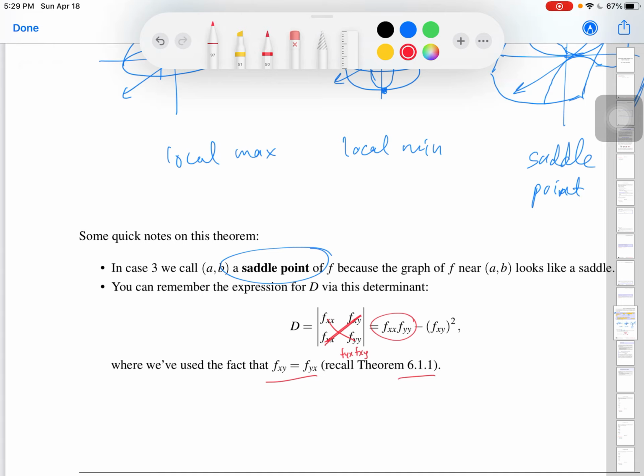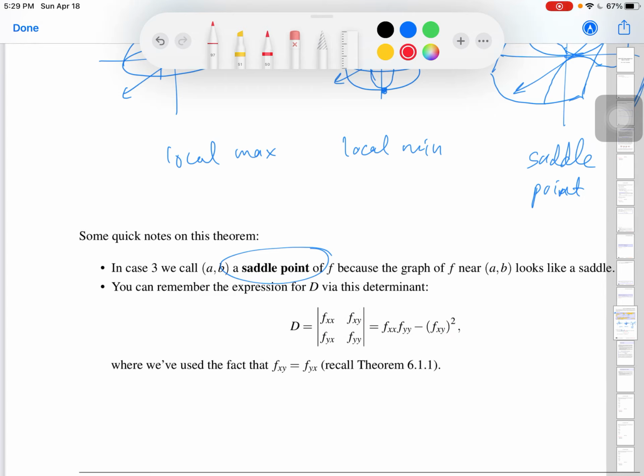Okay, that goes back to theorem 6.1.1, and it requires the function to be smooth enough, differentiable enough, and nice enough, which it will be in all of our cases. So with that, we can then say that f_yx equals f_xy, and that explains the square here. So this is a way to remember the formula for the discriminant D in this theorem.